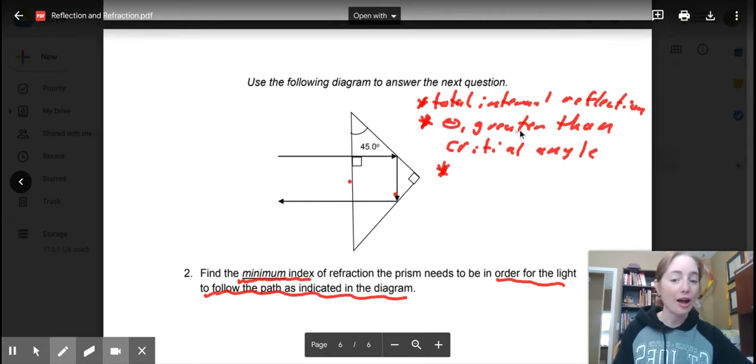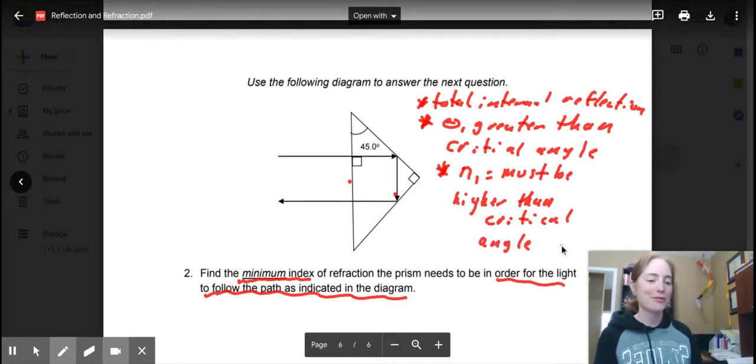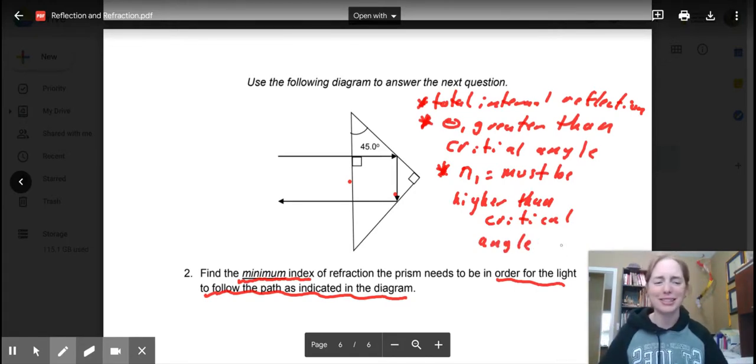That's one way to get total internal reflection. Our other method is that the N1 of the medium has to be higher than that of a critical angle scenario. I'll write that down too. Remember with our previous question, unfortunately, technical difficulties, the computer deleted everything we wrote down for the previous question.